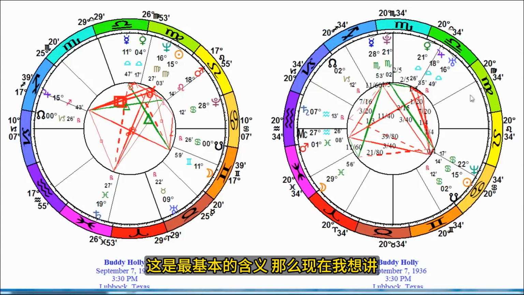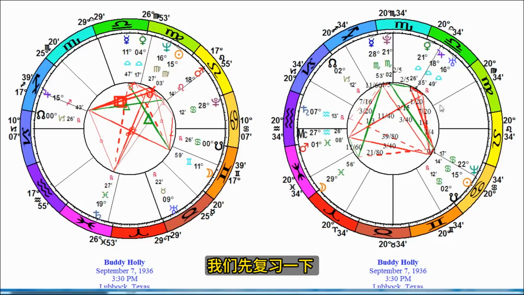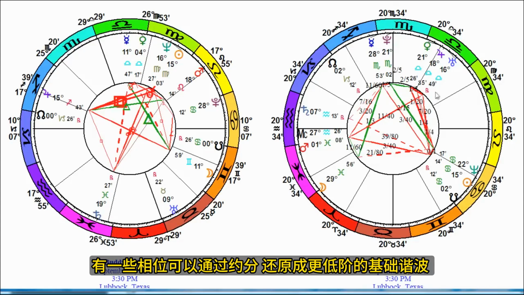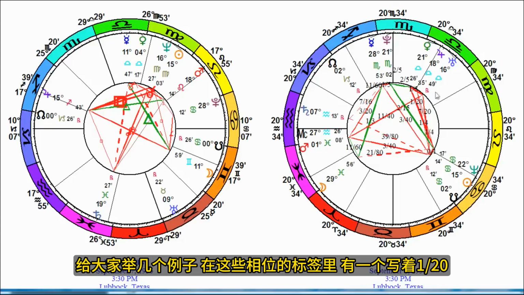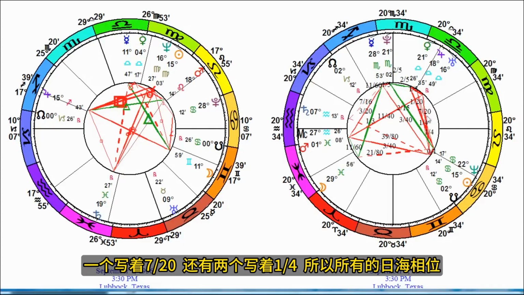Now, here's the thing I want to go over. I mentioned this in the first video, but let's go over it. Some of these aspects actually reduce to smaller fractions. In the labels for these aspects, one says 1/20th, one says 7/20ths, and two of them say 1/4.